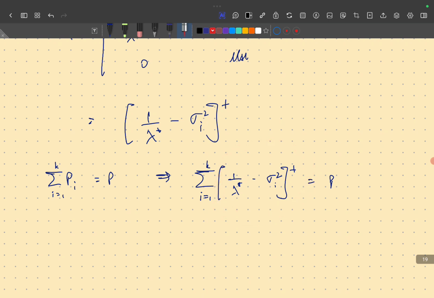But that doesn't matter. It's just maybe one line of code that I can use to numerically solve for lambda star very easily.